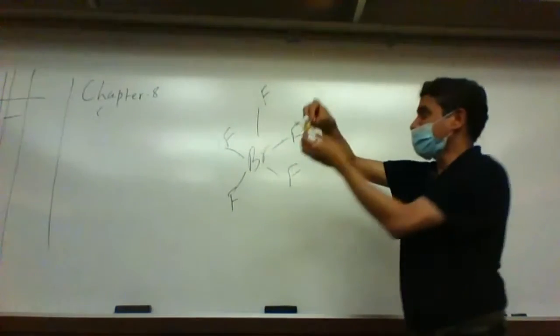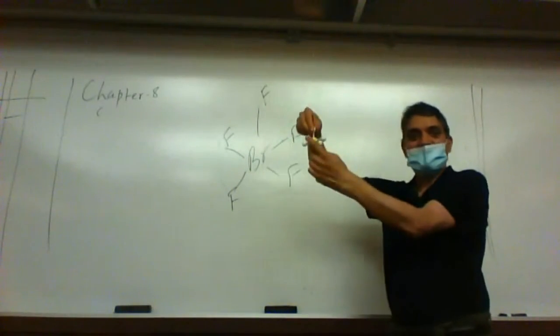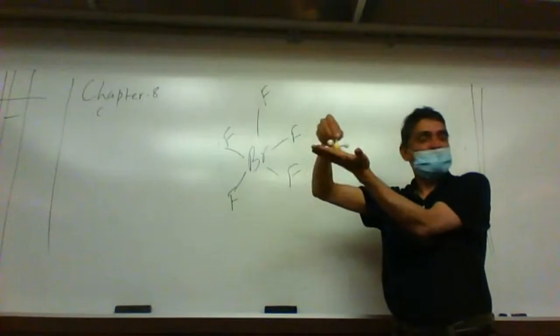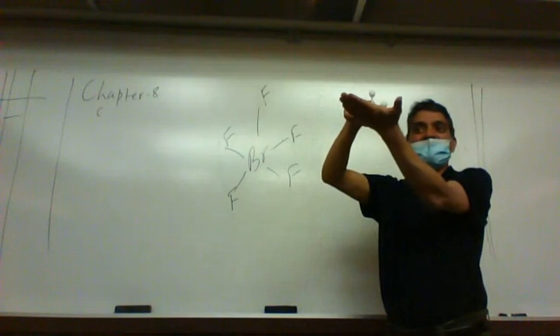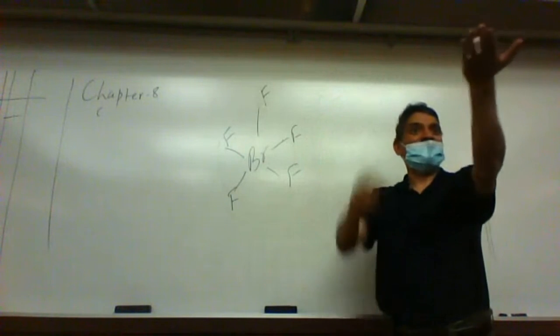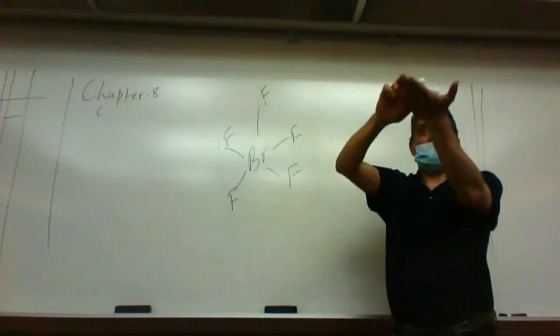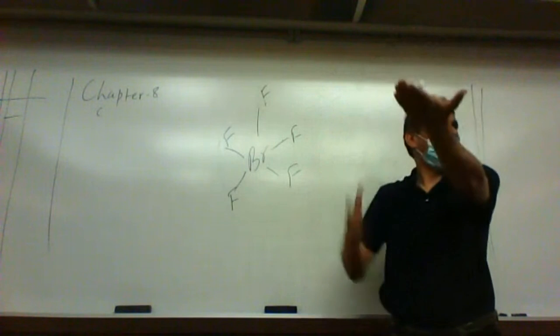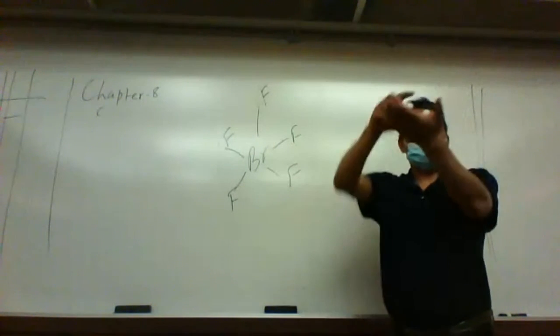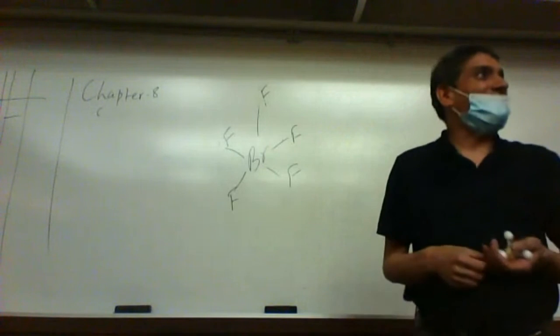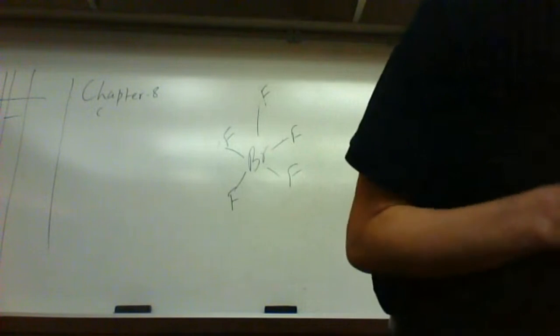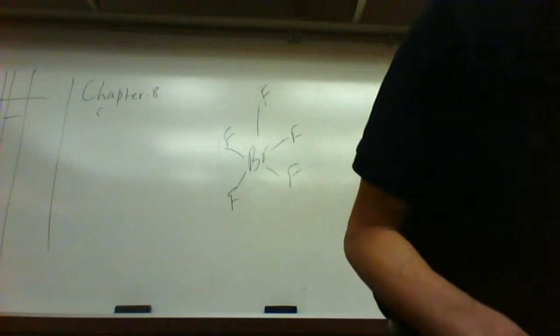You see here, these 4 are in the same plane, right? If I put in my hand these 4 F and this central Br just sit in my hand, and this F goes up like this. Yeah, so this is called square pyramid. So this bottom is square. BrF5 is square pyramid.